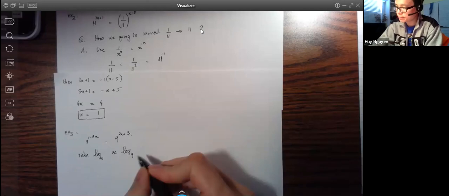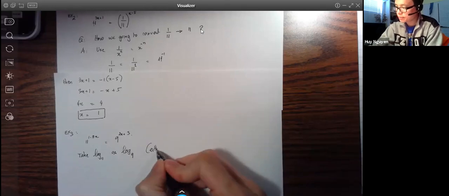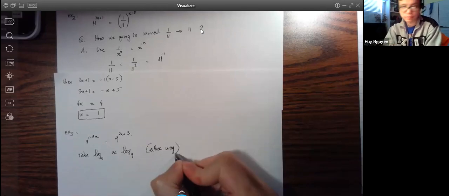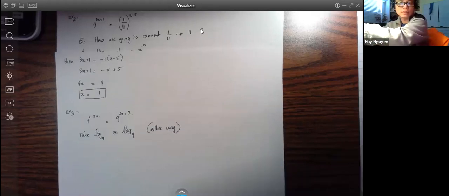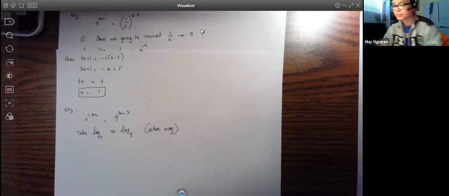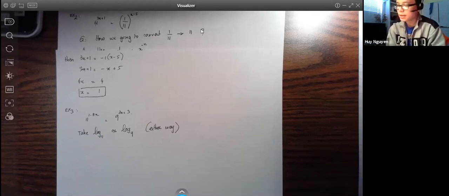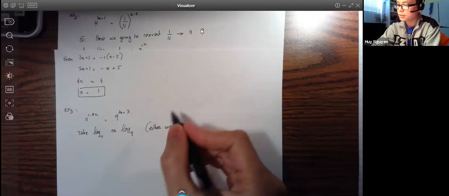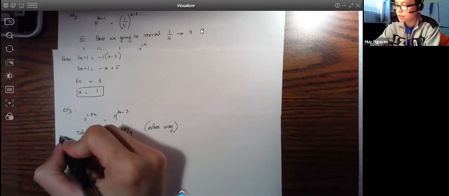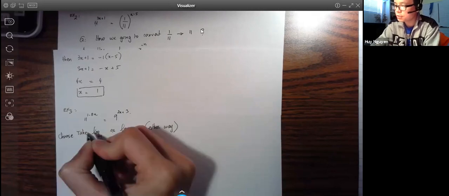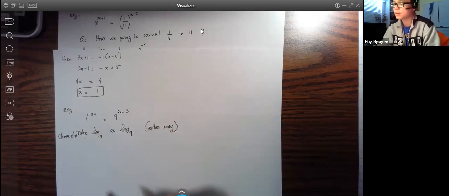Either way works. Let's take log base 11, both sides. I'm going to choose log base 11 here.